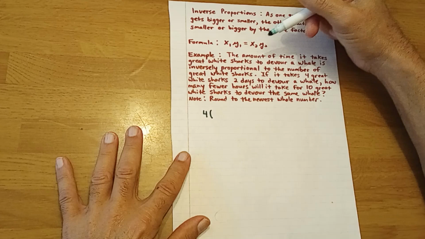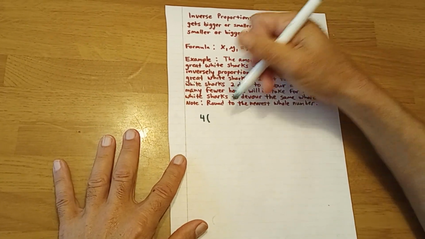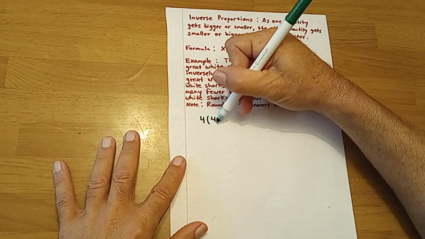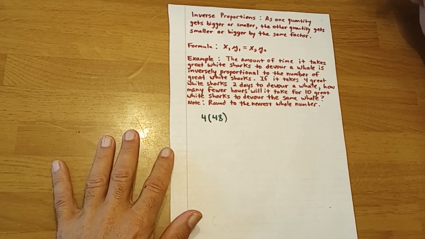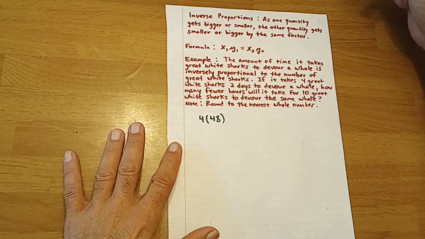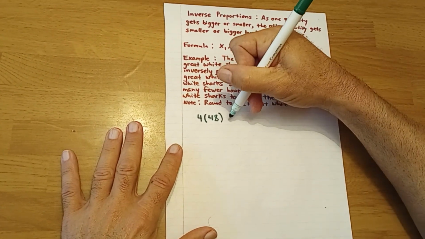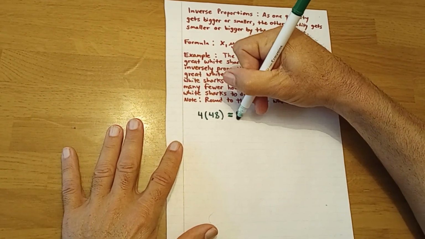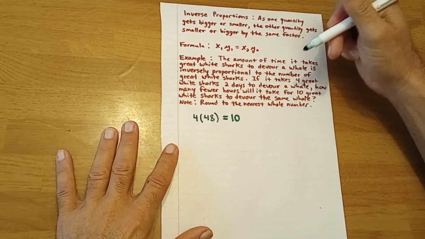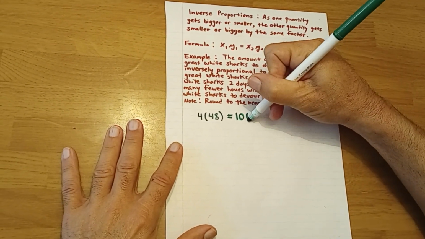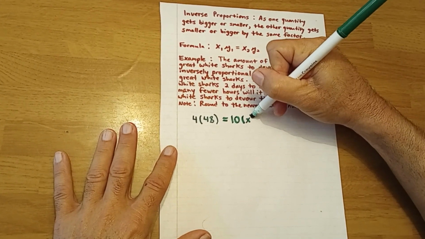So that means that it takes 4 sharks 48 hours to devour the whale. Okay, this is going to be equal to 10 great white sharks times some number of hours, which we're going to call x.